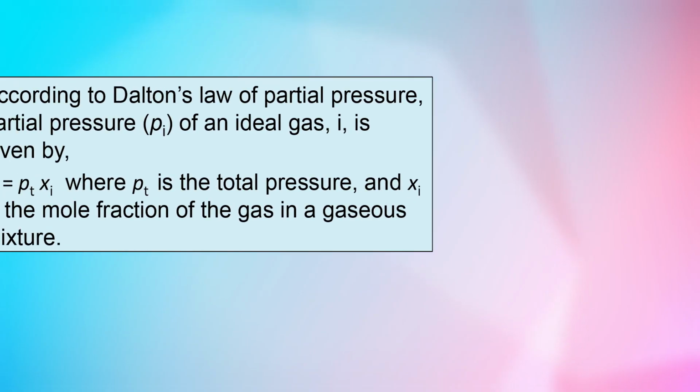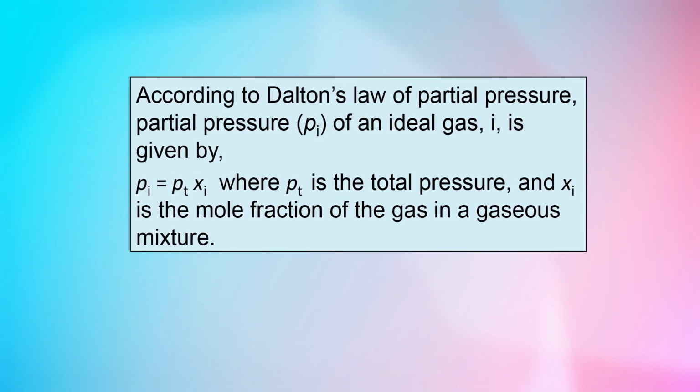Now, according to Dalton's law of partial pressure, the partial pressure of an ideal gas i is given by Pi equal to Pt xi, where Pt is the total pressure and Xi is the mole fraction of the gas in a gaseous mixture.